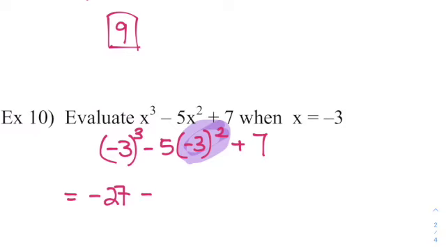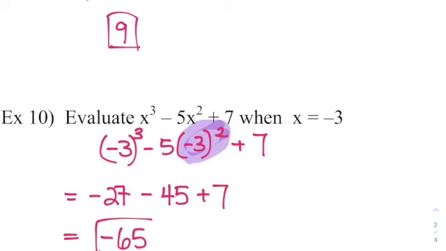It's going to be negative 45. And plus 7. If you want to use a calculator, you are absolutely more than welcome to, but make sure you punch in the calculator correctly. So you have negative 27 minus 45 plus 7. So that's going to be negative 65. And that is the answer.